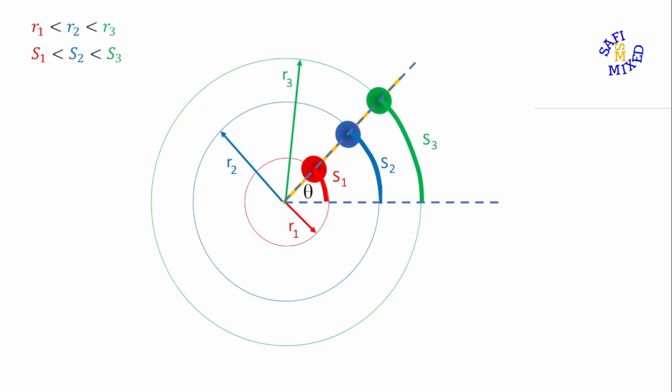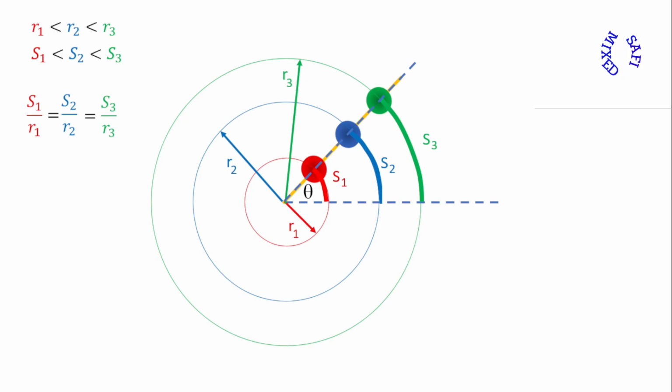Now, there is an important link between the ratios of the arc lengths and the corresponding radii. That is, if I find S1 over R1, the ratio of the arc length of the red circle to its radius, this is always equal to S2 divided by R2 and is always equal to S3 divided by R3.